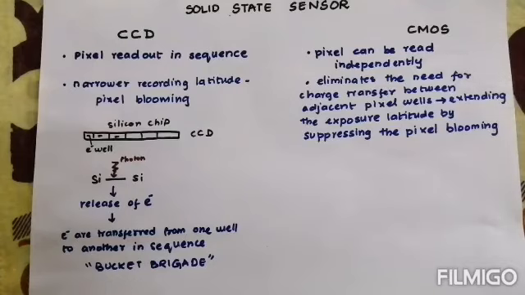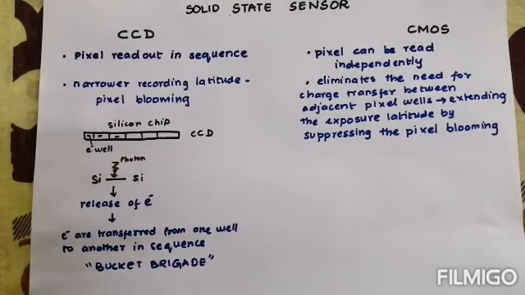In CCD, the narrow recording latitude causes pixel blooming. In CMOS, it eliminates the need for charge transfer between adjacent pixel wells, extending the exposure latitude, thereby suppressing the pixel blooming. Let us discuss it.